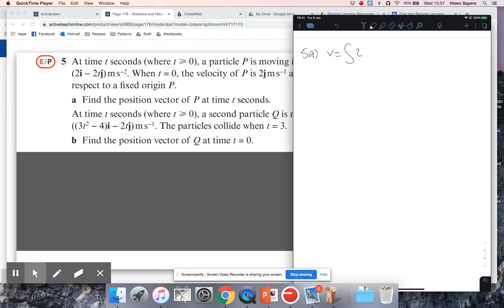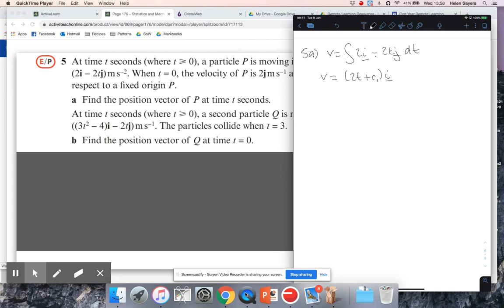So we've got 2i minus 2tj. Okay, so if I integrate that, 2 is going to integrate to 2t, and I'm going to have a constant of integration. I'm going to be really careful with that minus.